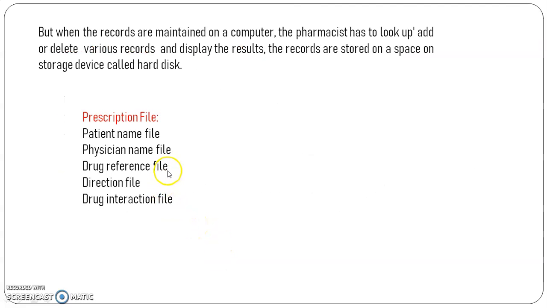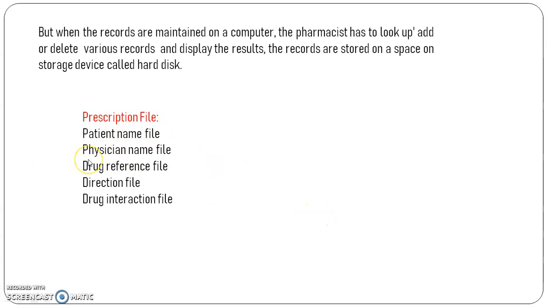But when the records are maintained on the computer, the pharmacist has to look up, add or delete various records and display the result. The records are stored on a storage device called a hard disk. So the prescription file will include the patient name file. In the patient name file, every detail of the patient is present, like age, weight, sex. Then the physician's name file.